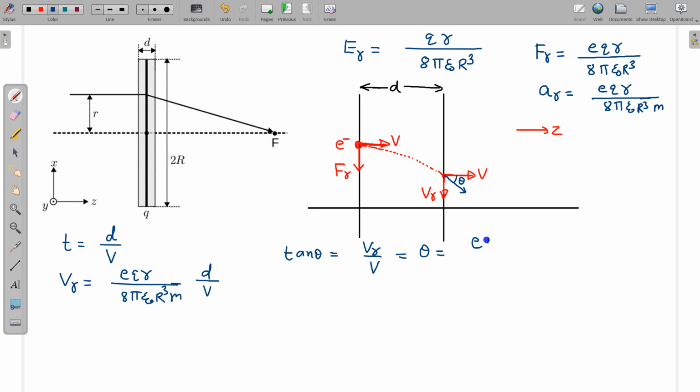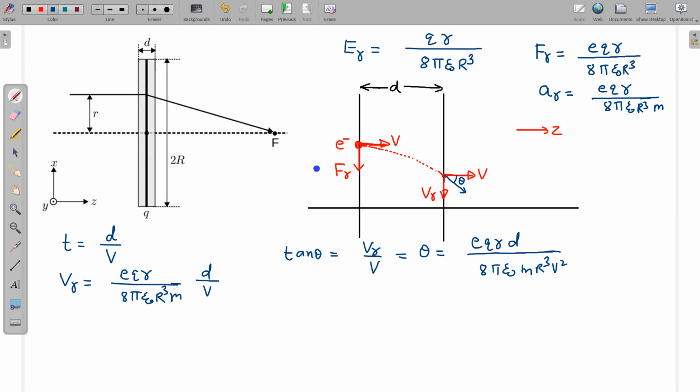So this is equal to EQRD divided by 8 pi epsilon naught m r cube, and this will be v square due to this extra v. So this is the deflection.